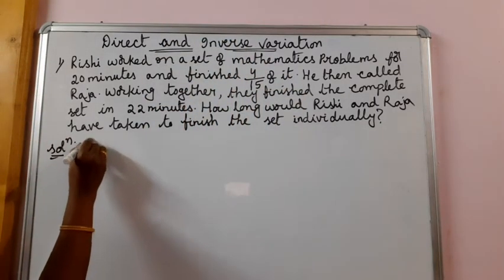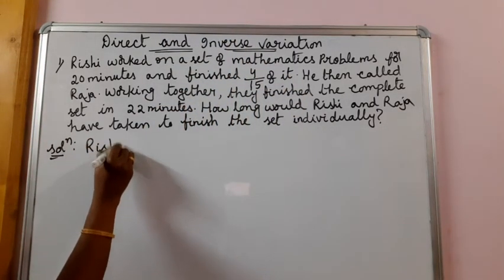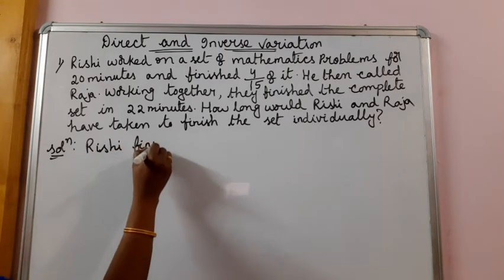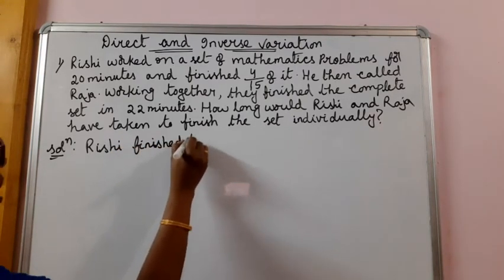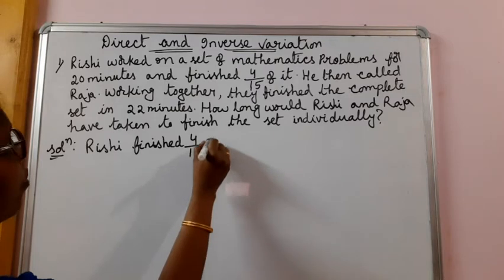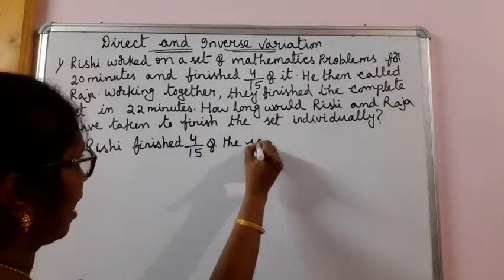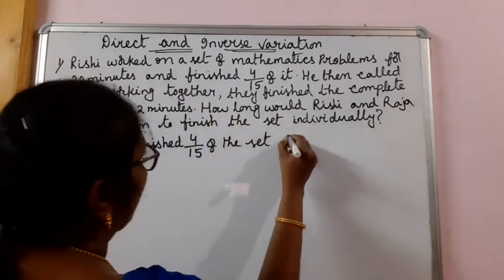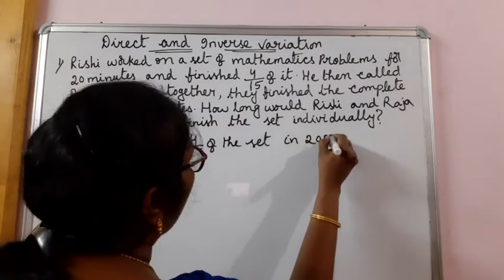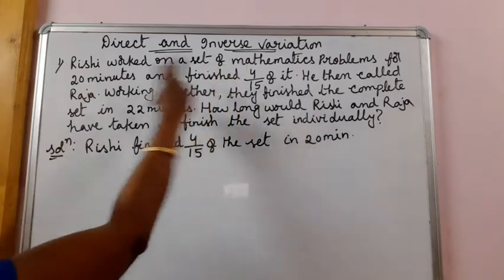For that, let me write like this. Rishi finished 4 by 15 of the set of mathematics problems in 20 minutes.